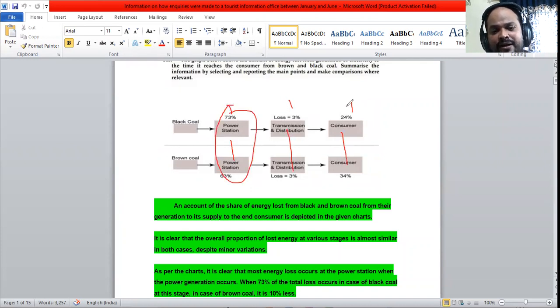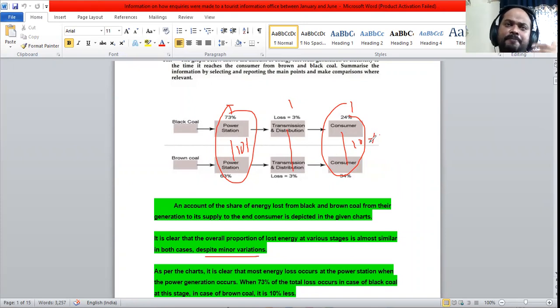We don't have a 10% difference here and here, and we don't have any difference here. So despite minor variations, it's not a major variation. A 10% variation is not a major variation. The data is almost similar.